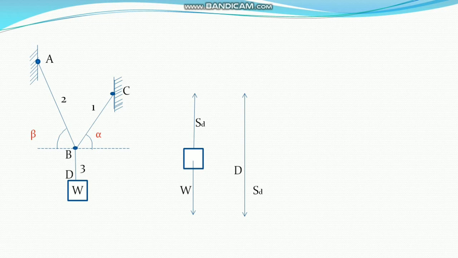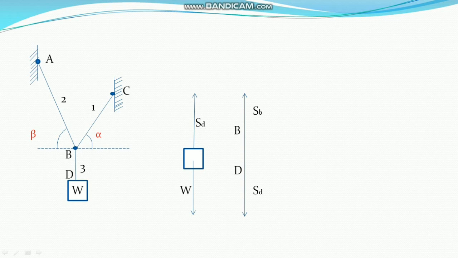And because the cable is also in equilibrium, at the point B there will be force SB, which will be upward. So cable 3 has two forces, one downward and one upward, SB and SD. So this is the free body diagram of the cable.